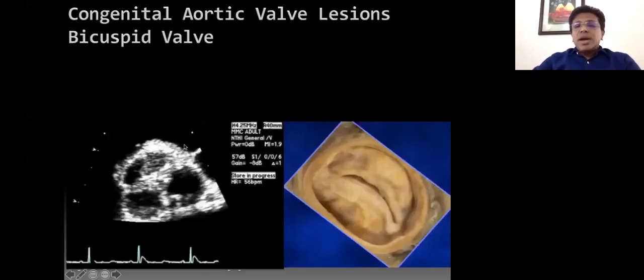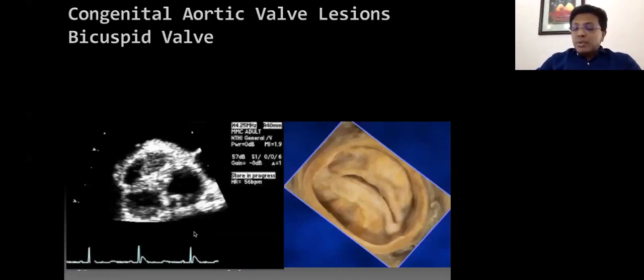So this is how a bicuspid aortic valve looks. You can see the fusion produces a transverse opening of the aortic valve. This is the echo picture of it. And now you have, instead of 3 leaflets, only 2 leaflets, and you have a superior and inferior leaflet, or a right and left leaflet.